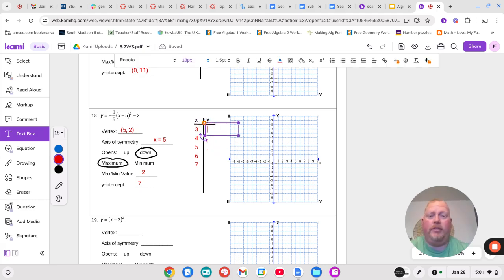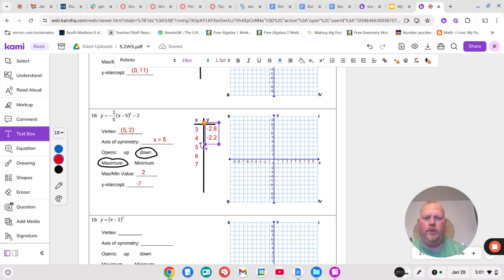So again, I'm going to do this pretty quickly. All right, so when I plug in 3, negative 2, that gives me 4. Negative 4/5 minus 2, that gives me negative 2.8. If I plug in 4, that gives me negative 1. I square to get 1, so I get negative 1/5. So that gives me negative 2 and 1/5, so that's negative 2.2.